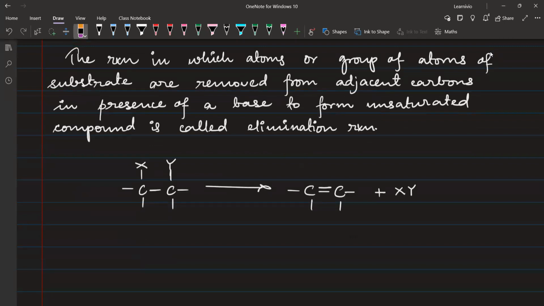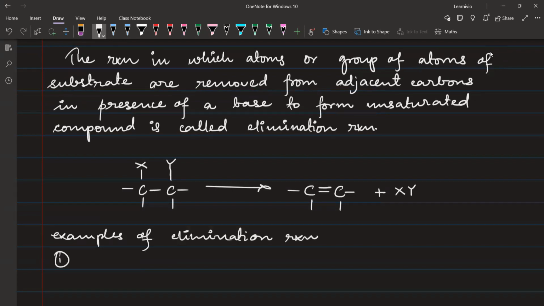Now, there are a few elimination reactions that we have to learn in this particular class. A few examples I'm writing. Examples of elimination reaction. We have to study a lot in this class. The first one is dehydrohalogenation.